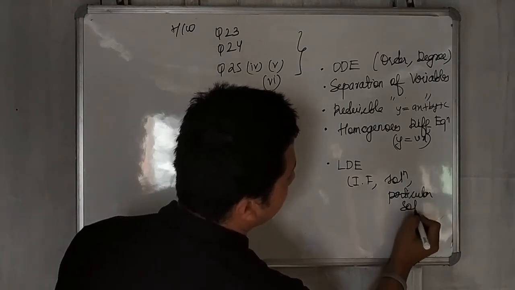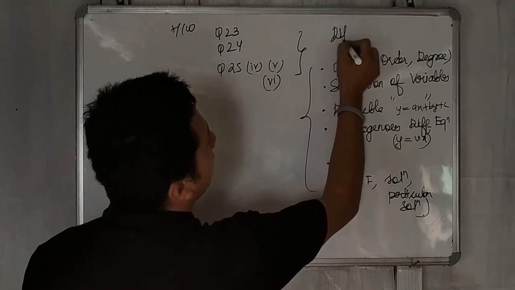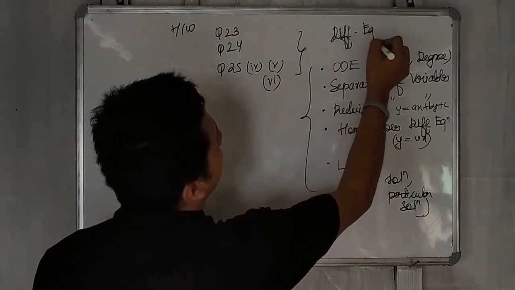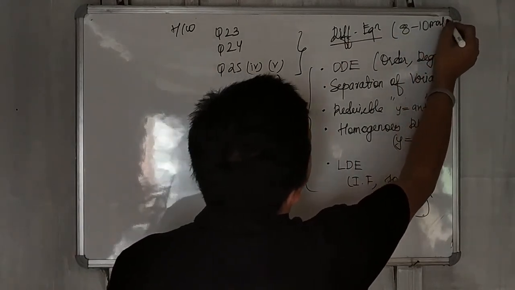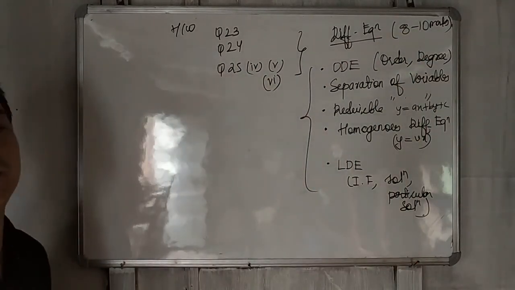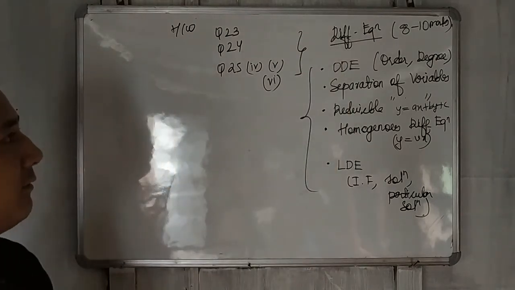Okay, so this whole is your differential equation, which is very, very important and which carries 8 to 10 marks in ISC. Alright, so far we have completed all these topics in differential equations.